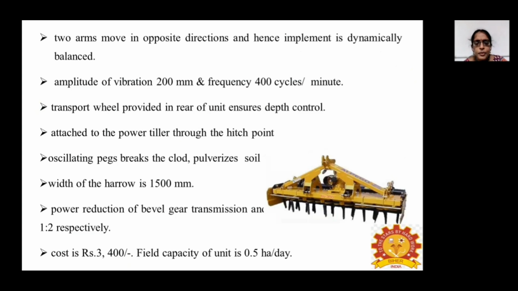And the oscillating pegs are there. So the pegs will enter into the soil, and at the same time break the clods and pulverize the soil. The width of the harrow is about 1500 mm, and the power reduction of the bevel gear transmission is in the range of 1:2, and the cost is around 3400, and the field capacity is about 0.5 hectare per day.